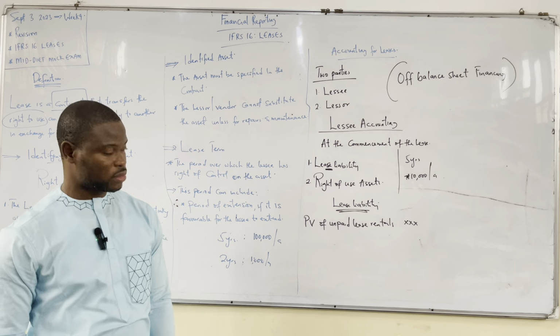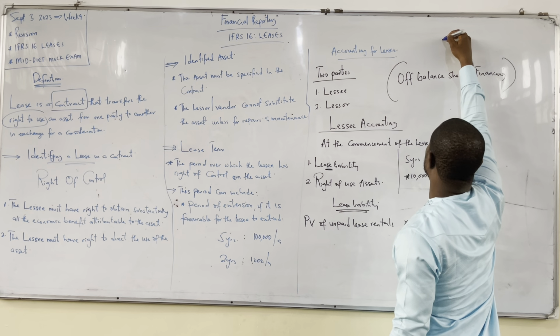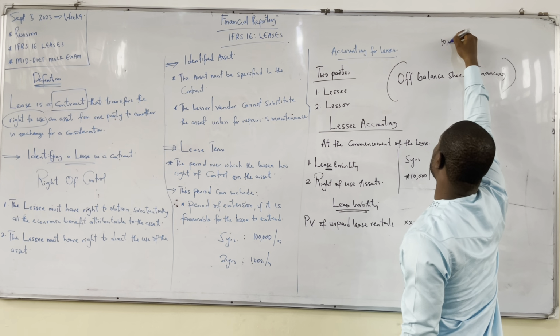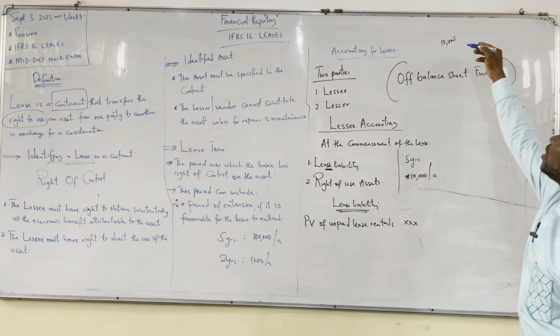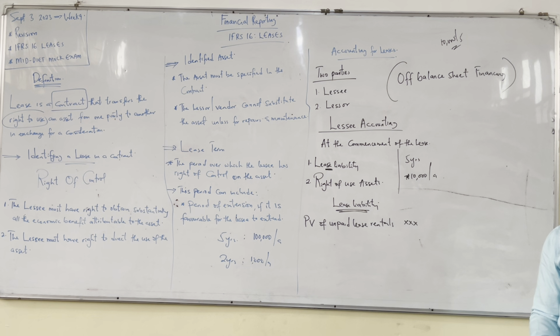Why it is unpaid is that if, let's say, you are paying 10,000 naira for 5 years, okay? 10,000 naira for 5 years, and at the inception of the lease, you have already paid 10,000, or maybe you have paid 20,000 as down payment.